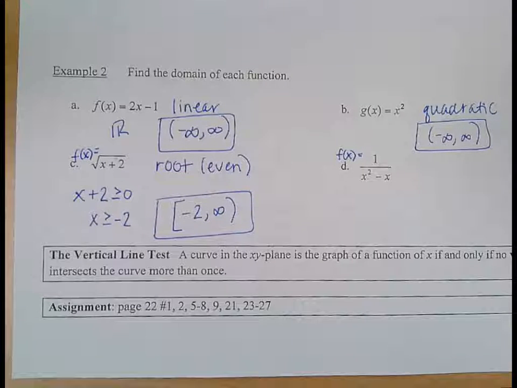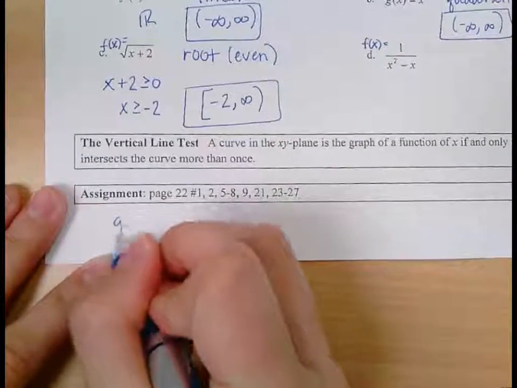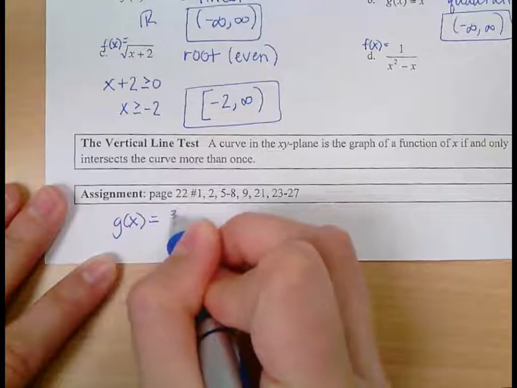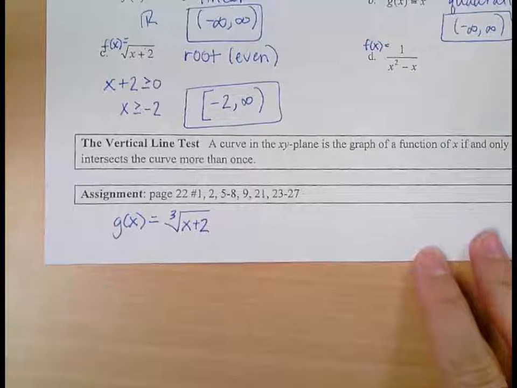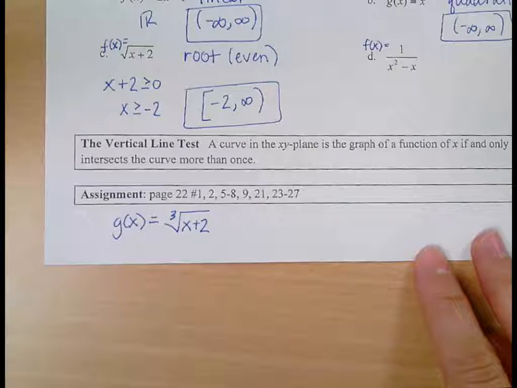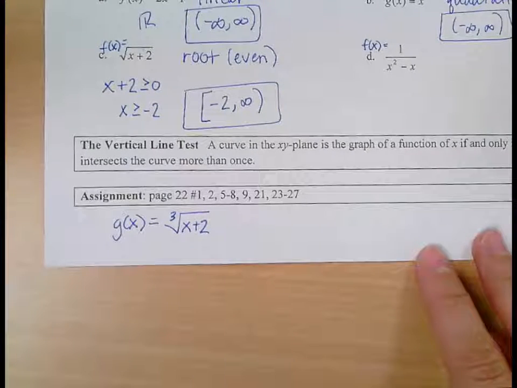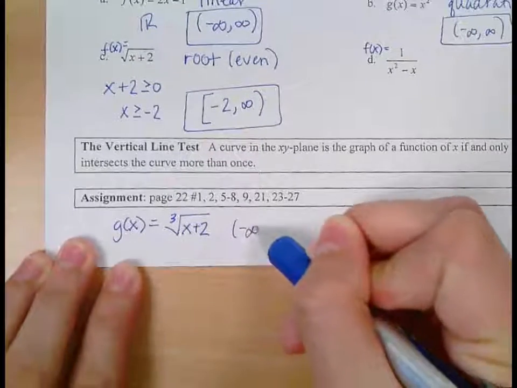So yeah, if it was an odd root, I'll write that at the bottom. That's a good question. Say it was g of x equals the cube root of x plus 2, or a fifth root or seventh root. So if it's an odd root, all odd root functions have the same domain, and that's all real numbers, or negative to positive infinity.